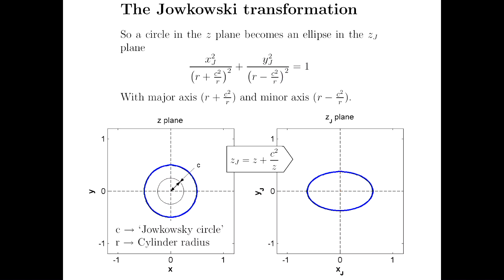The constant c is basically our Joukowski circle, just some constant, and r is the radius of your cylinder.